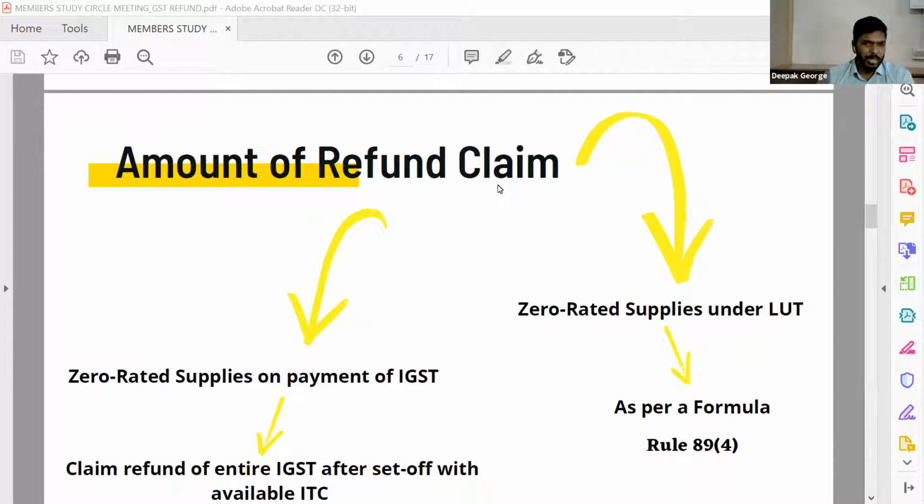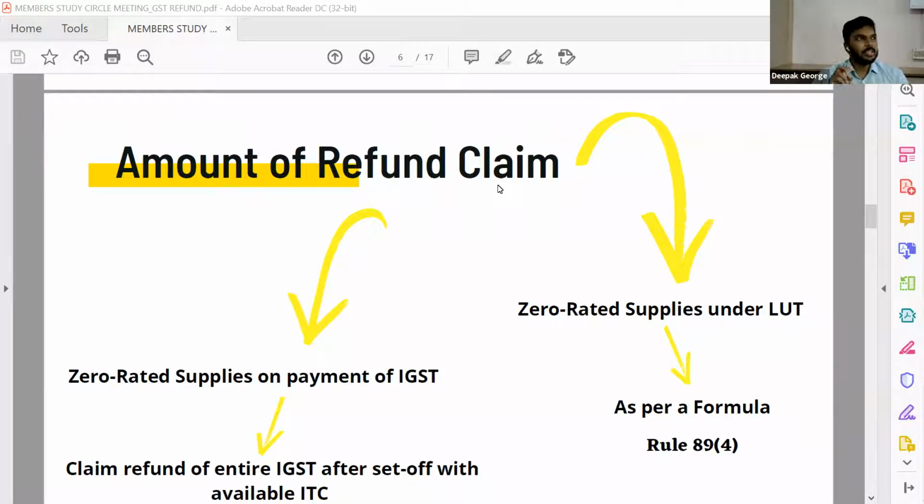Although there's no need for you to pay, but you've chosen to pay IGST. So what do you do? You claim the entire refund of 5 lakhs, not 4 lakhs, even though you have set off with 1 lakh. You claim the refund of 5 lakhs and you will get 5 lakhs, subject to the fact that you follow all the conditions for refund application. So ultimately, whatever tax that you pay on an activity which is beneficial for the Indian government being export, you should get that tax paid into your bank account.